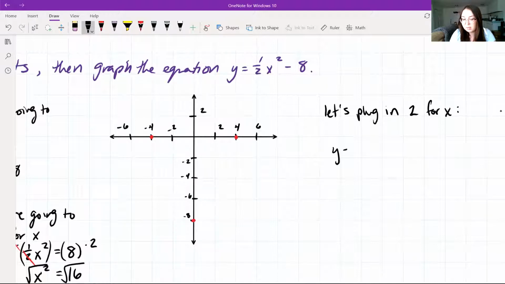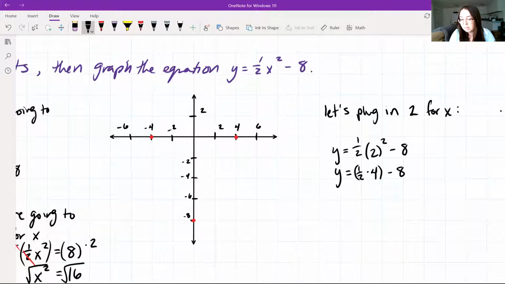If we do that, then we get y is equal to 1/2 times 2 squared minus 8. So we know that 2 squared is going to be 4. So 1/2 times 4 minus 8. 1/2 times 4 is going to be 2. So we get that y is going to be equal to -6.